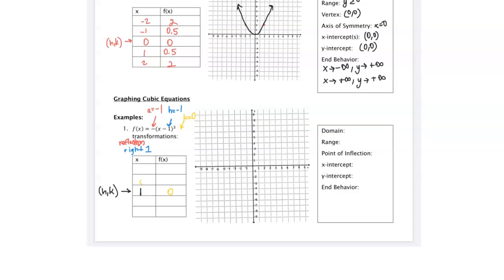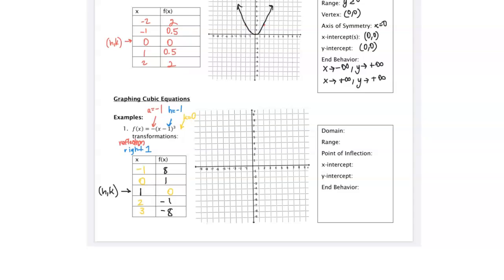So going backwards, you have 0 and -1. Going forwards, you have 2 and 3. Use Desmos to come up with the rest of your values. I'll fill them in for you. All right, so we have our table. Remember that this one is a cubic function, so seeing that mirrored effect is not the same as your quadratic.